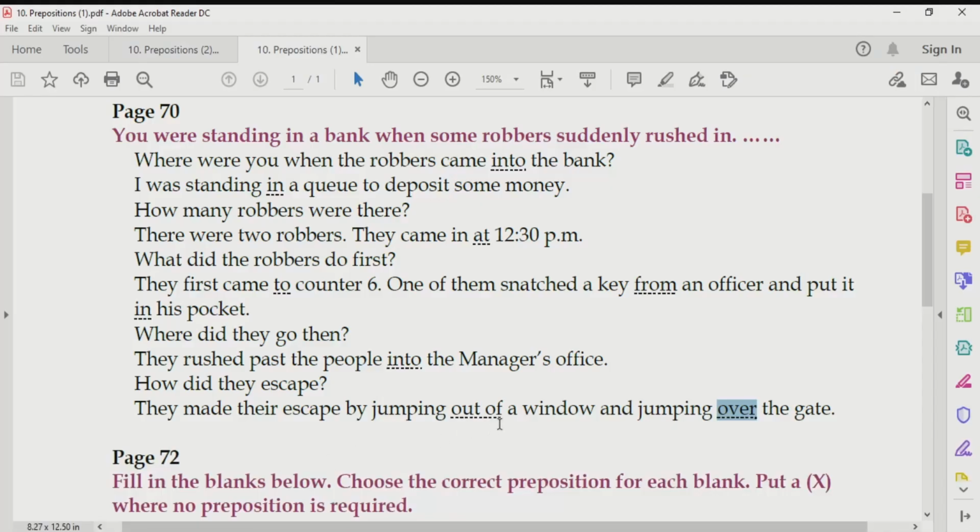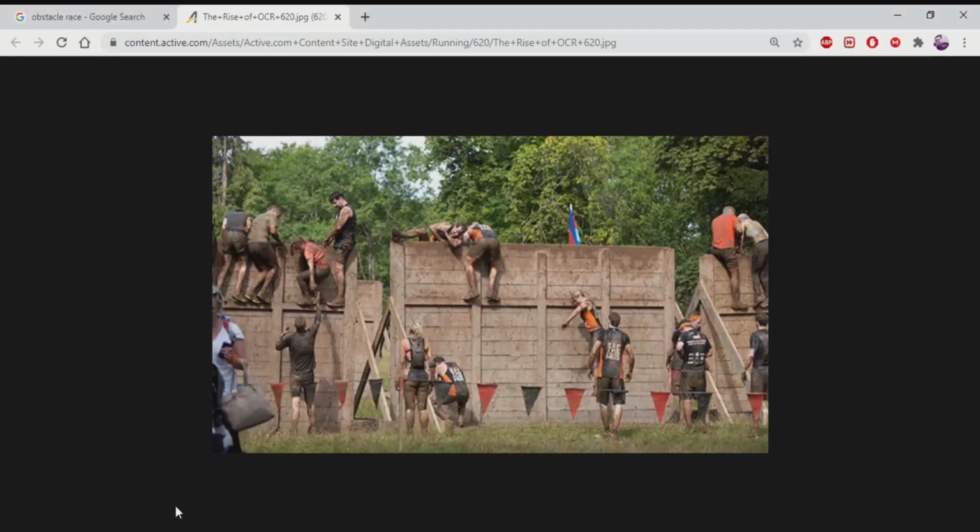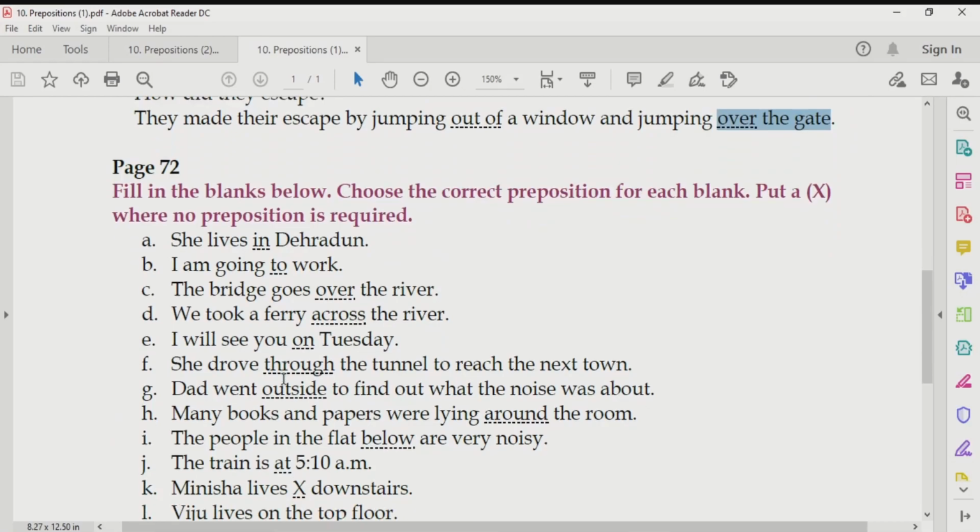Now coming back to this, they made their escape by jumping out of a window. Very easy to understand. Khidki se bahar. They jumped out of a window and jumped over the gate. This is a good example of explaining to you the meaning of over. Whenever something or someone crosses something, just look at my cursor, crosses from here to here, that is known as over. We'll move on to the next exercise.